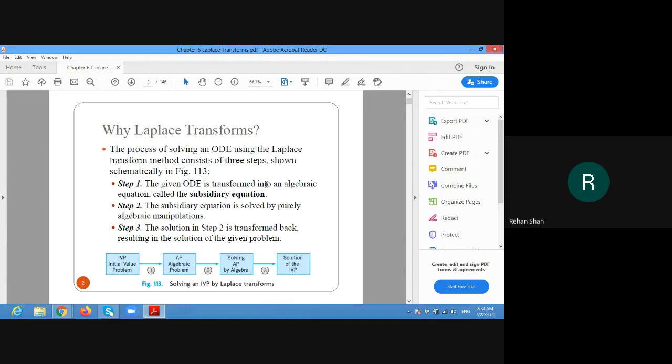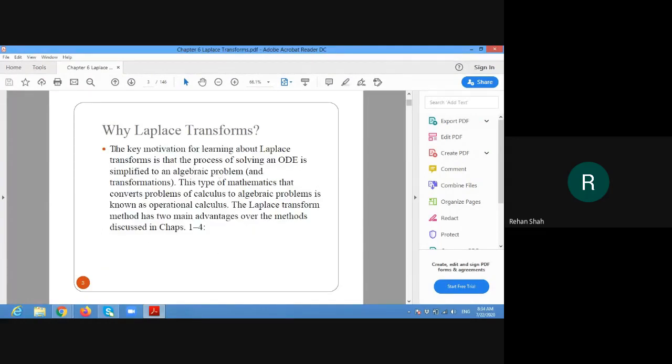Remember this point: the Laplace transform actually converts the differential equation into an algebraic equation. If you solve that algebraic equation, you will solve the given ODE. The solution in step 2 is transformed back, resulting in the solution of the given problem. When you start with the differential equation, these three steps will automatically be clear.